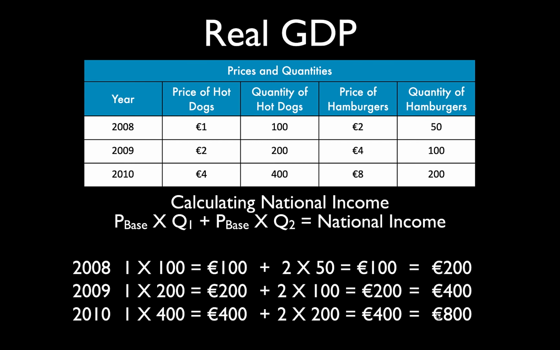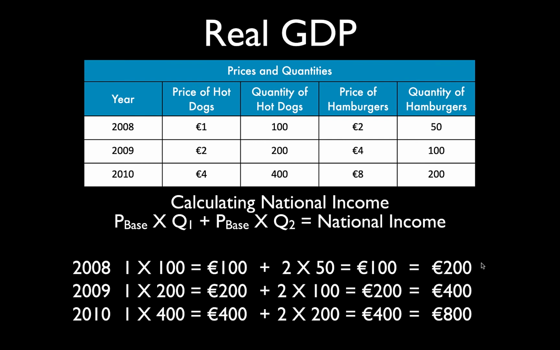Therefore, 800 is an accurate reflection in changes in our standard of living, which means changes in our ability to consume brought about by changes in production. Again, guys, I know I'm going on and on, but you really need to understand that. Let's just compare 2010 to 2008. Well, 800 divided by 200 is 4.